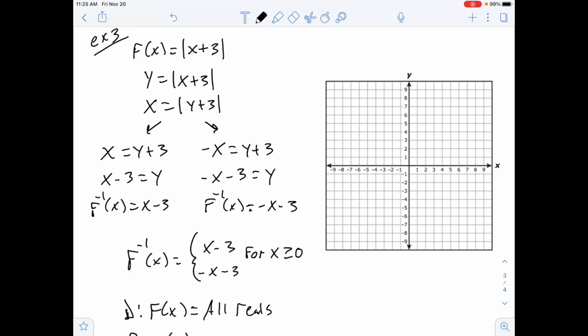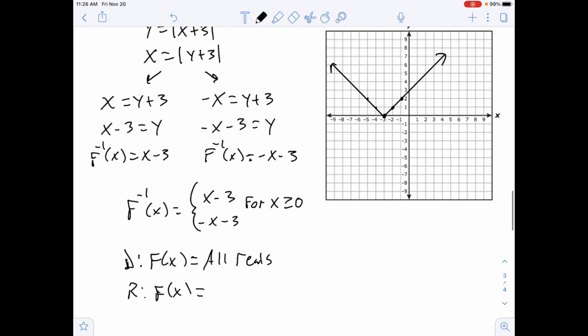So the absolute value of x plus 3, that's going to be starting over here at 3, and then it's going to keep going up and over 1. So it's going to look something like this. So hopefully you can tell from the graph that the range is going to be y is greater than or equal to 0. Well, what does that mean?